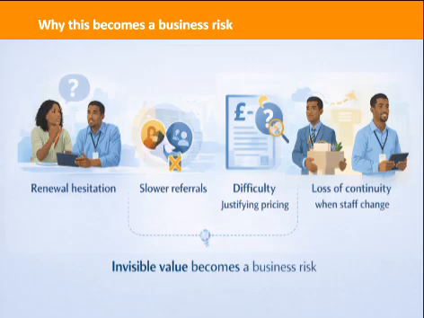When a STEM club or educational school can't clearly show learning progress to the parents, they tend to face renewal hesitation, and it becomes harder to justify prices to the parents. Definitely referrals will slow down. And most of all, when staff members leave, the history those staff hold leaves with them entirely.